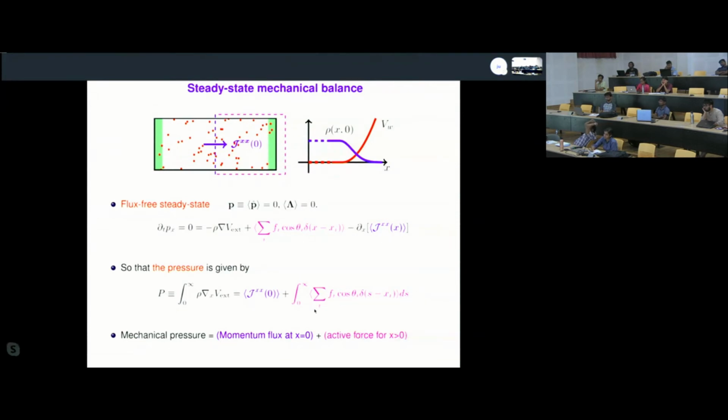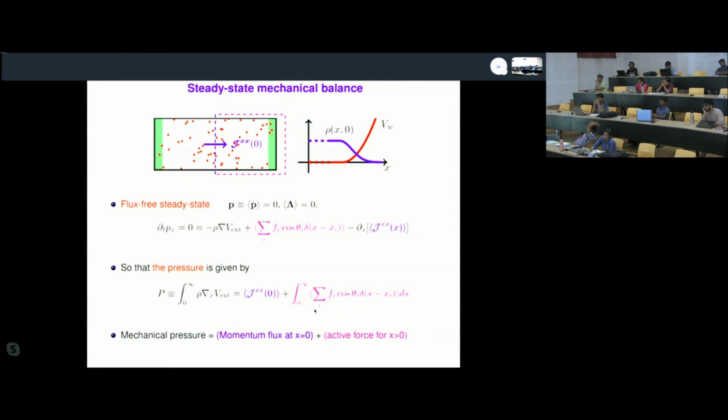Why? Because you have a momentum flux that enters the system at x equals 0. It will fall to 0 outside the system. The only way the momentum flux can change is by exerting forces. The only two types of forces which are exerted are the active force and the force exerted by the wall. And so you know that the fall down of J_xx from its value in the bulk to 0 is due to the two forces.